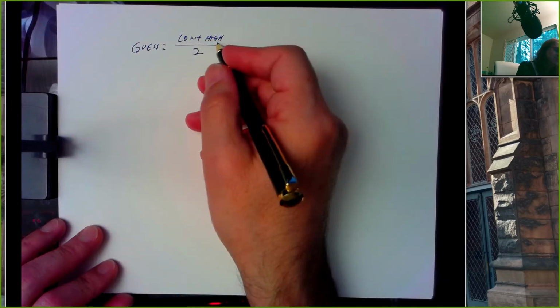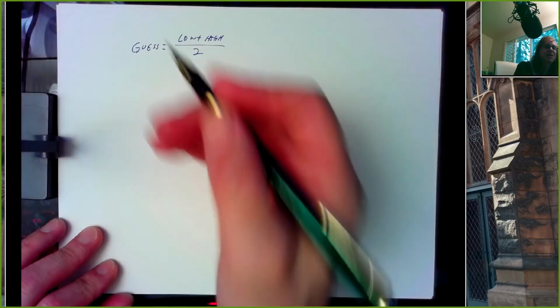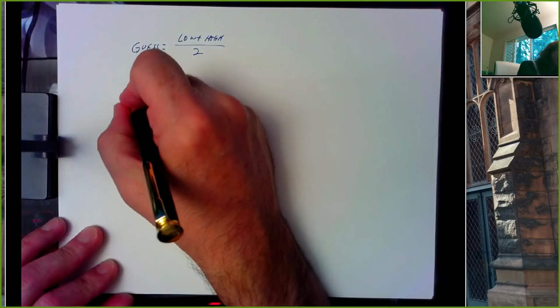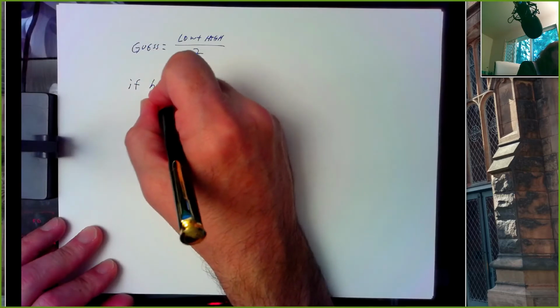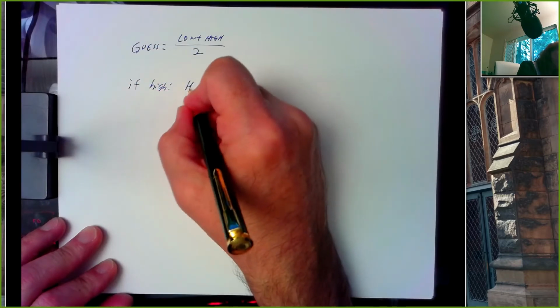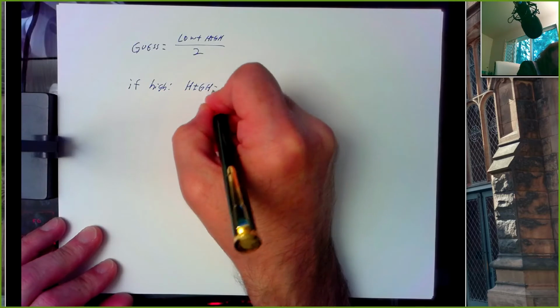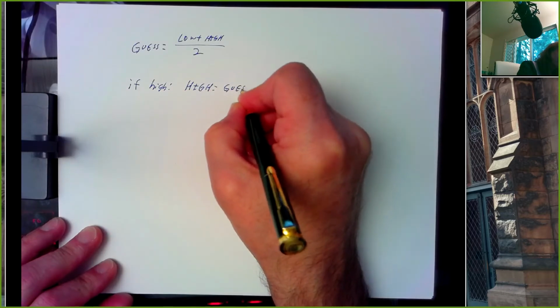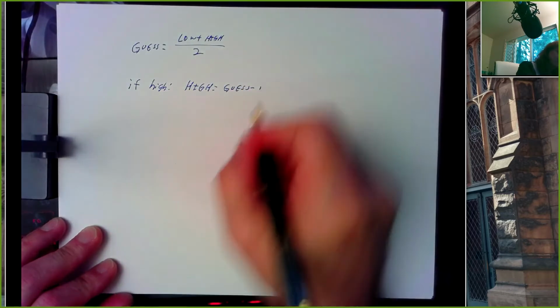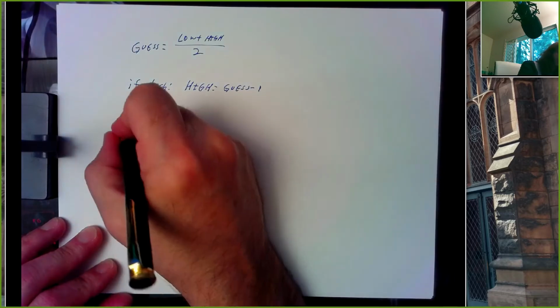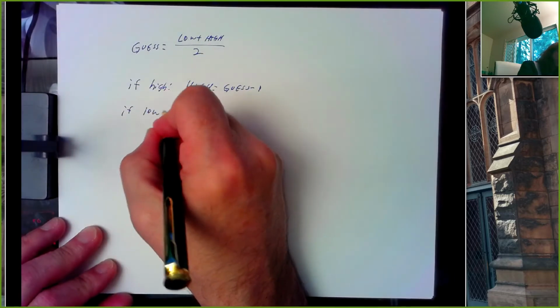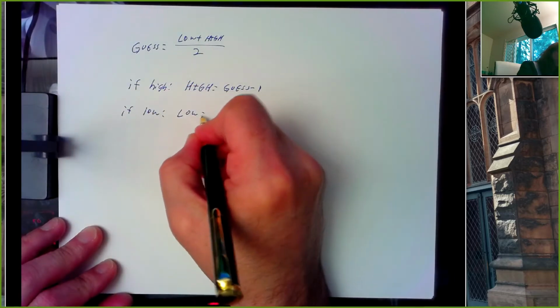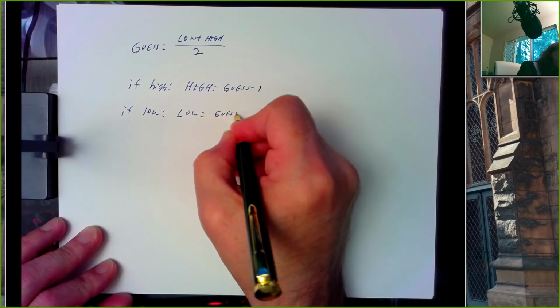So if low and high are 1 and 2, the sum is 3, and it'll round down to a 1 for the guess. And then if the guess is high, change high, and here's the important part, you got to change it to guess minus 1. If you just change it to guess, that won't work. And if it's low, then change low to guess plus 1.